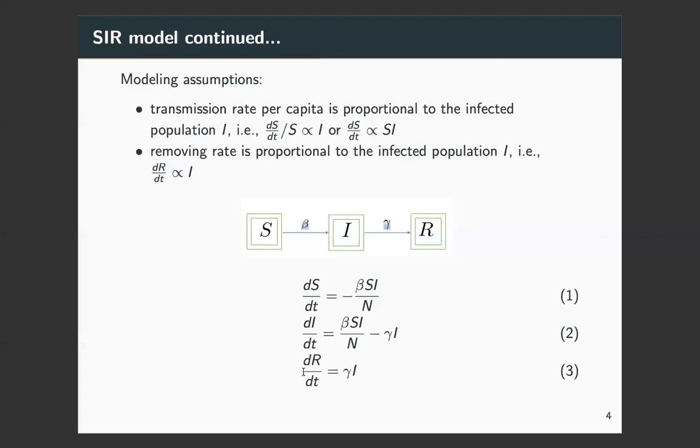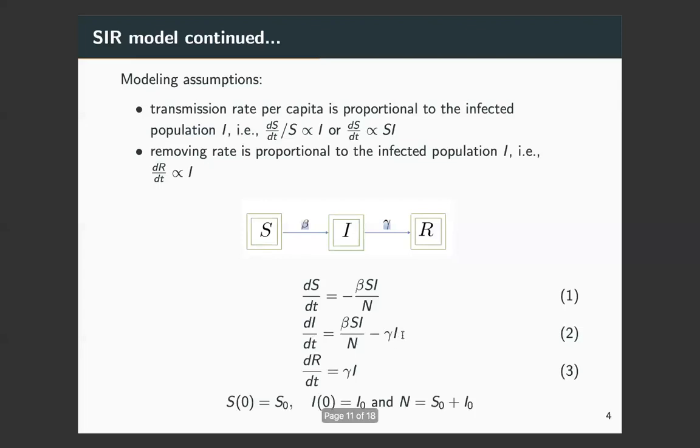This again is formalized in equation 3. Once we have these two relations, the second equation is obvious. The change in the infectious population per unit time is exactly the one that comes from the susceptible class, which is beta times S I over N, minus the ones that are removed from the infectious population, which is exactly gamma I.